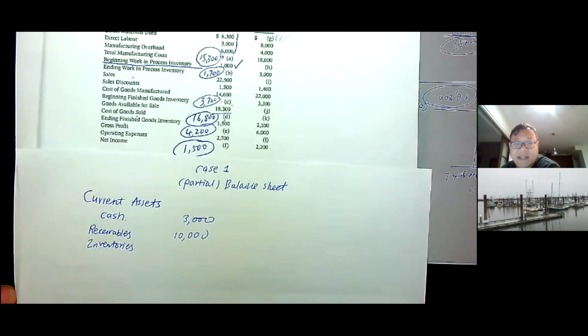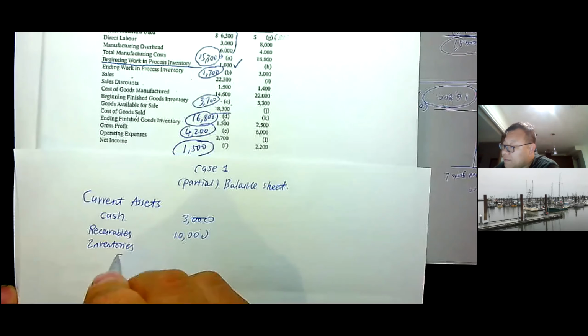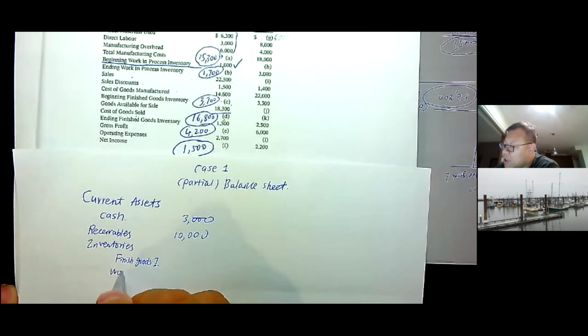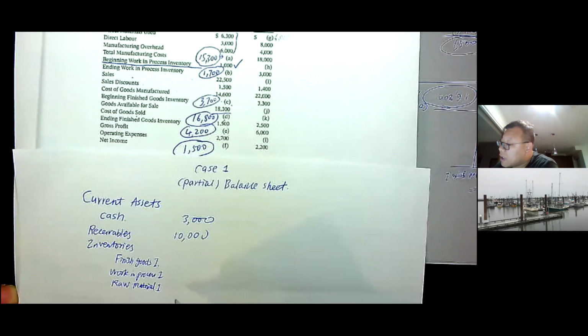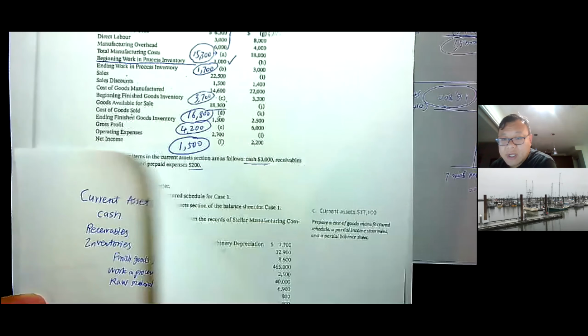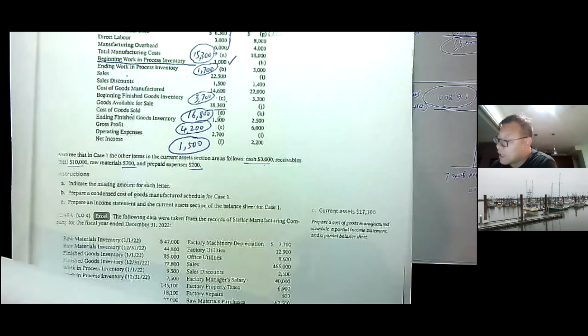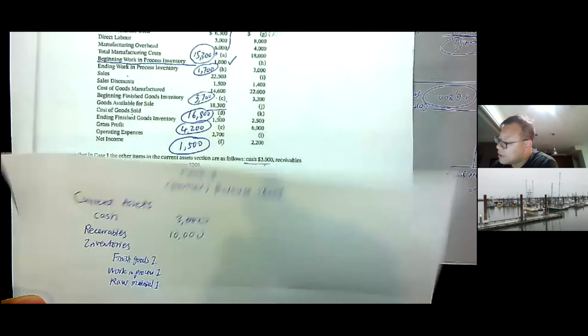Remember, we are going to present them in the order of finished goods inventory, work in process inventory, and then the last one is the raw materials inventory. And the raw materials inventory information is given. That's 700.